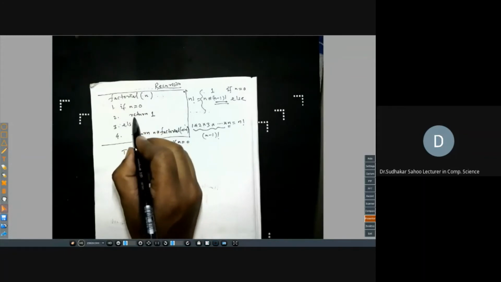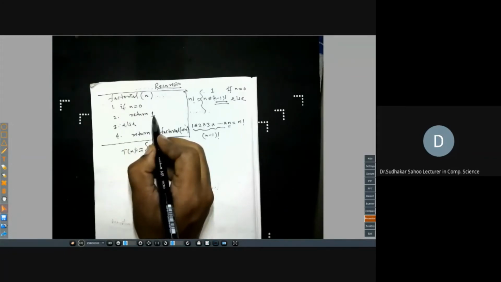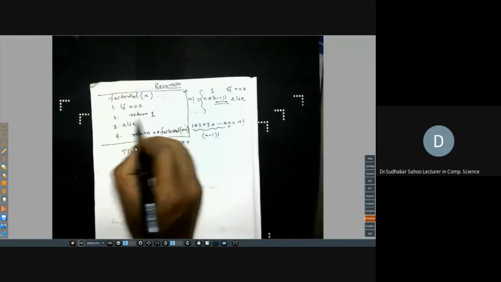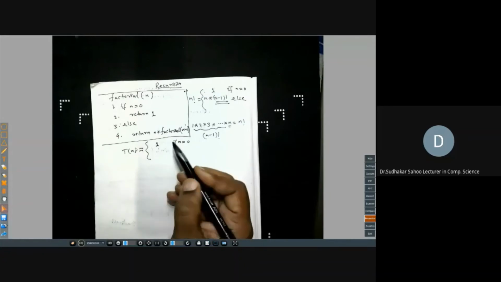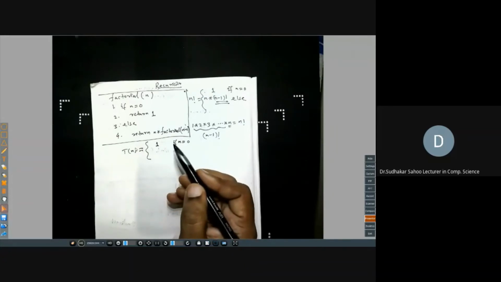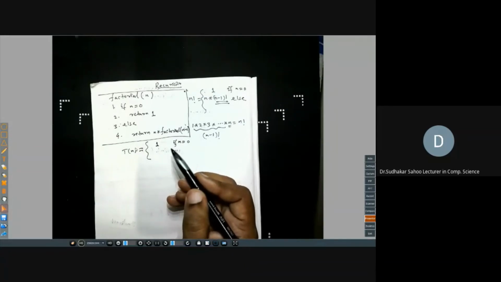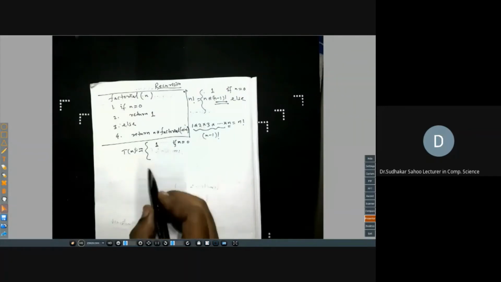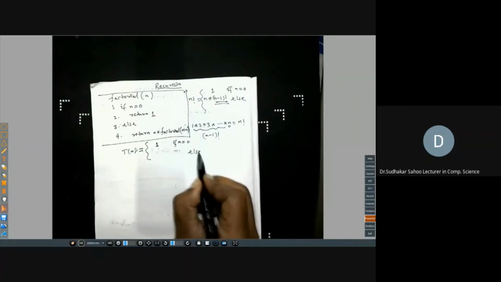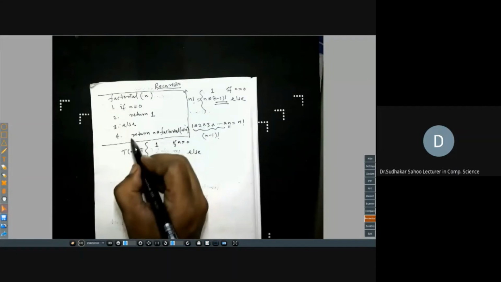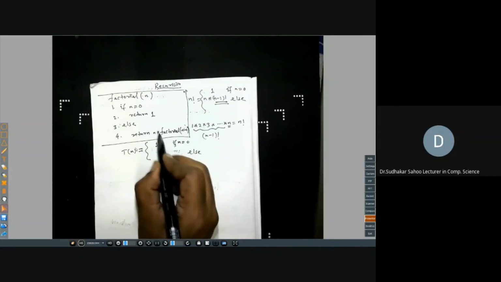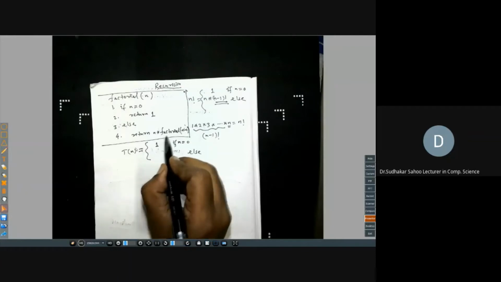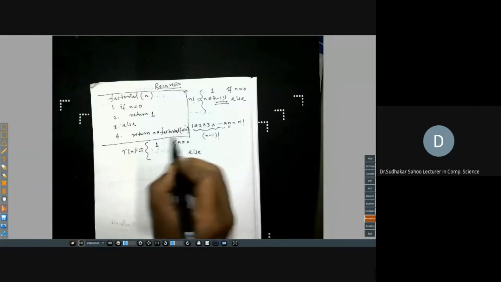It says return 1, only one operation, one floating point operation. Else, if n greater than 0, then the else part will be executed. It says return n into factorial n minus 1, and the multiplication is one operation.